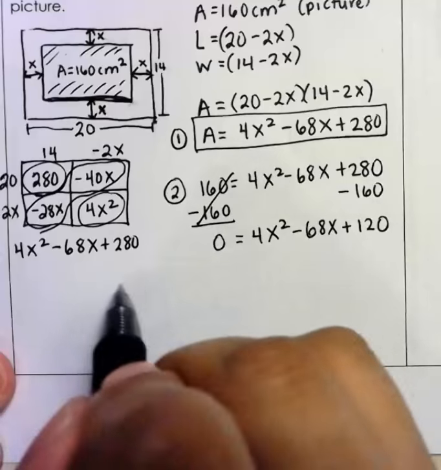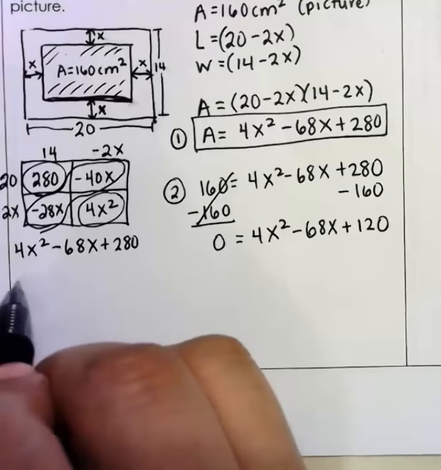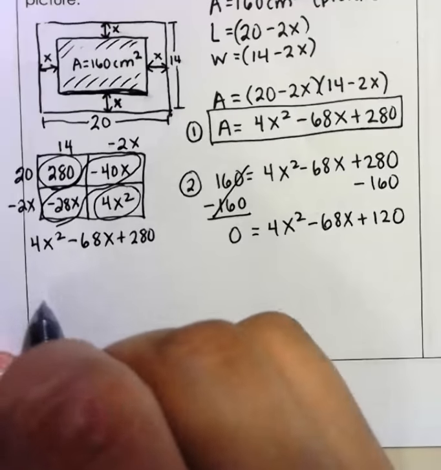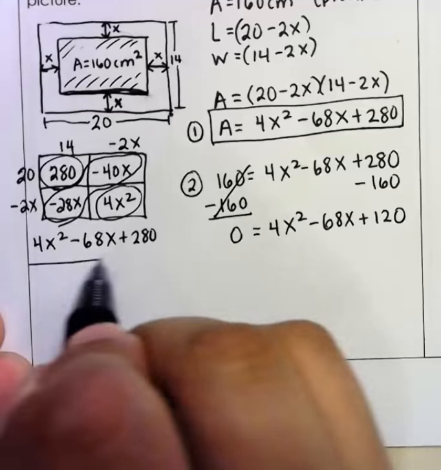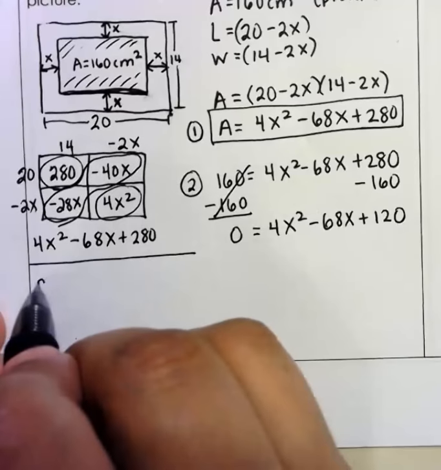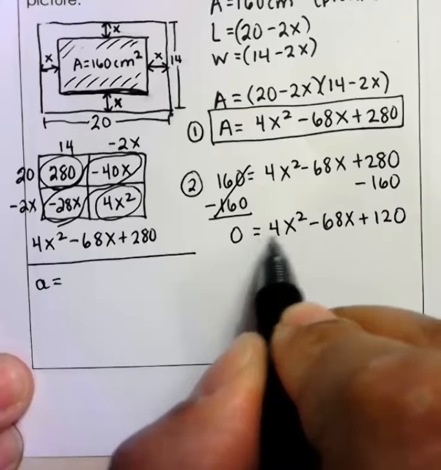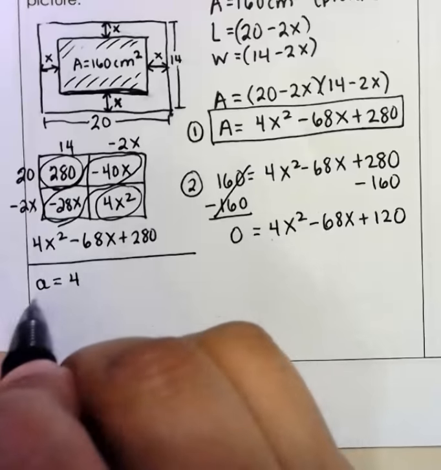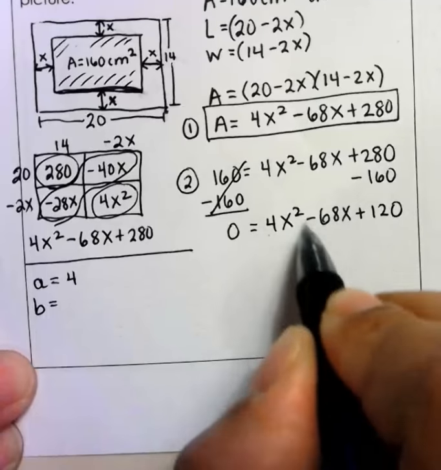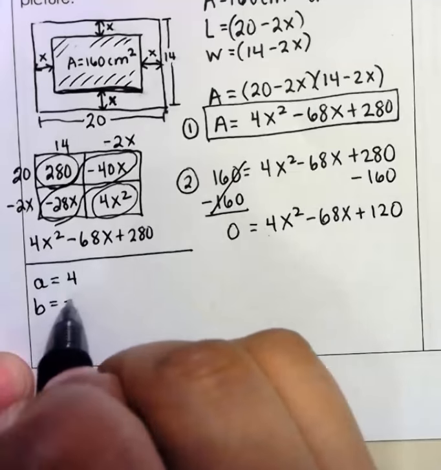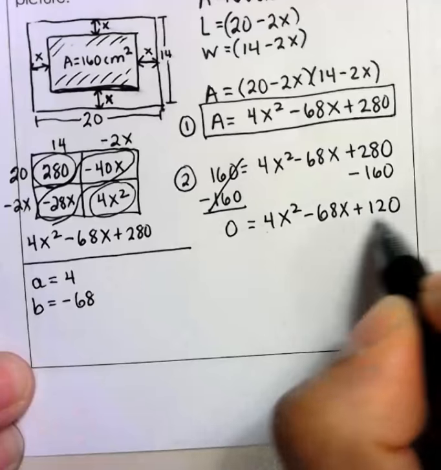So when I look right here, I'm going to write over here just so that I don't run out of room. I identify that A is 4, because I'm pointing to it right here, that B is negative 68, that C is 120.